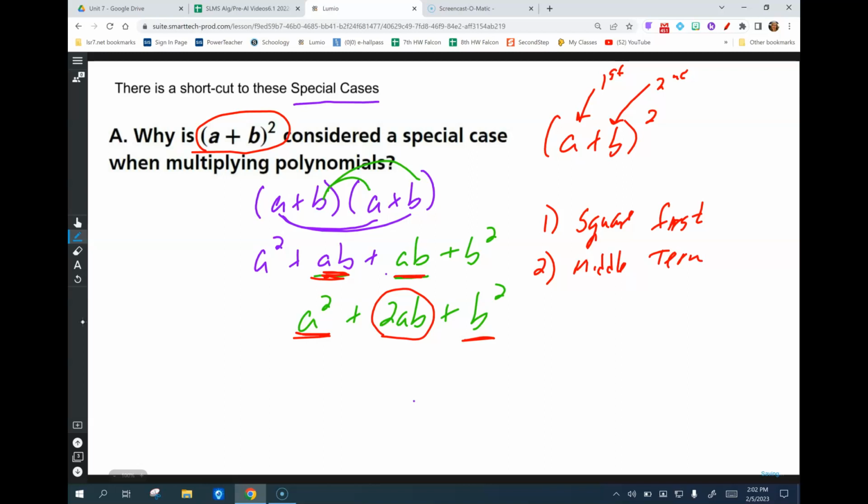You take the first term times the second term times 2. And then to get the last term, you square the last term.